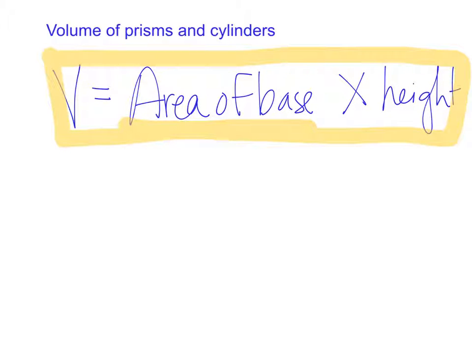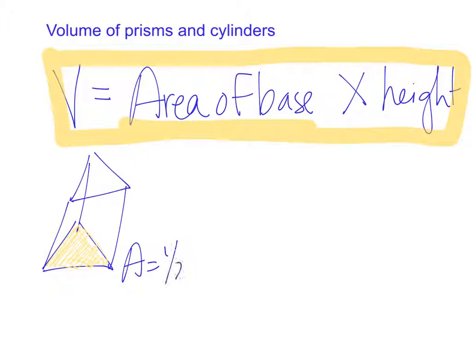If I have a shape that has a triangular base down here, I need to remember how to find the area of that base. So the area of this base equals 1/2 base times height.